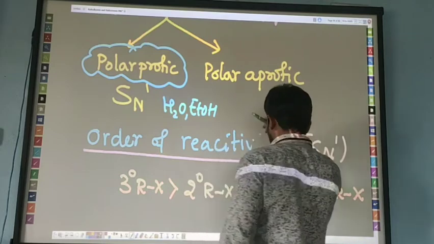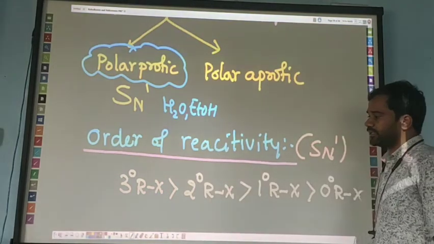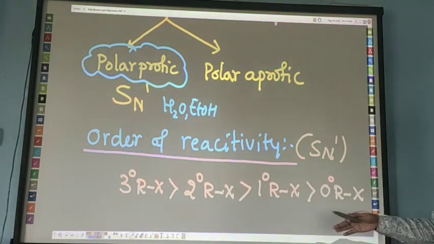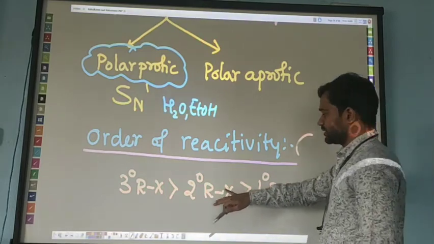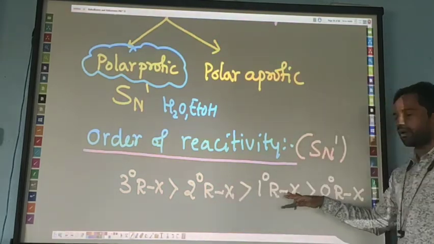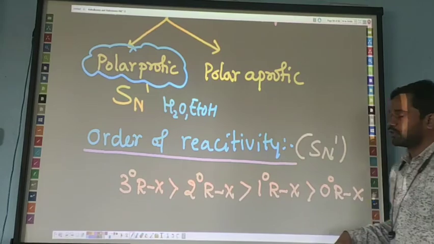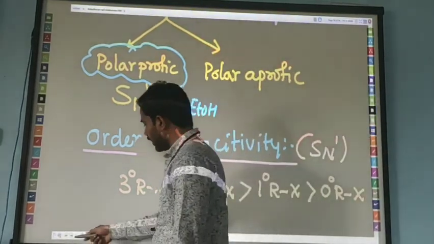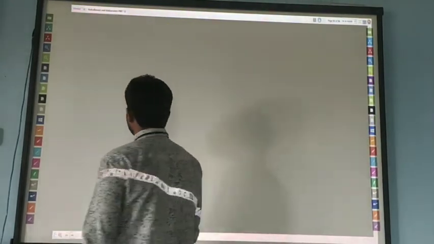Why is it so? Why is the tertiary more reactive than the secondary, the secondary more reactive than the primary, and the primary more reactive than the 0 degree alkyl halide?